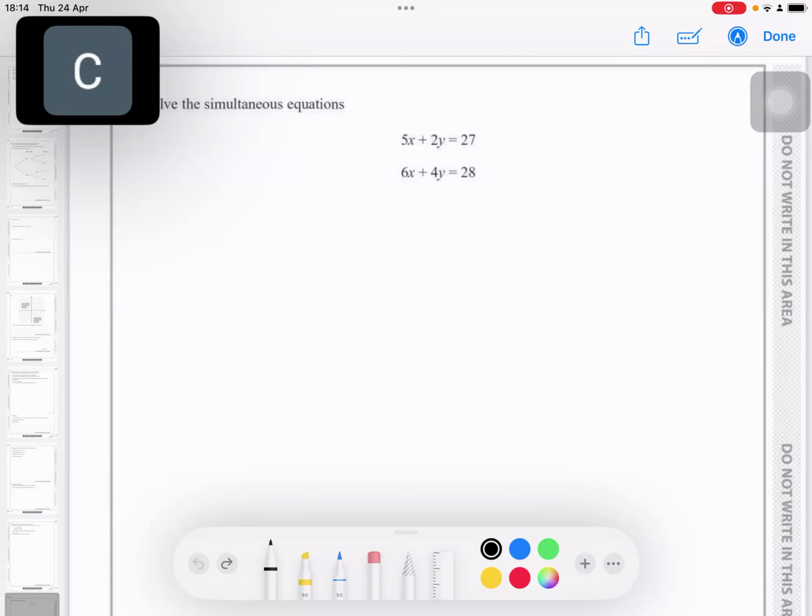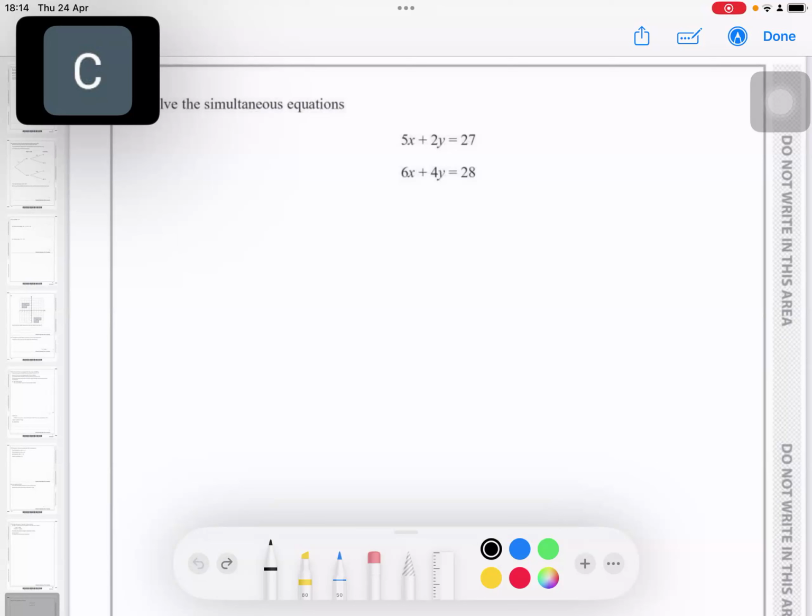Could you read out the second one for me? 6x plus 4y equals 28. Okay, so that would be equation 2.